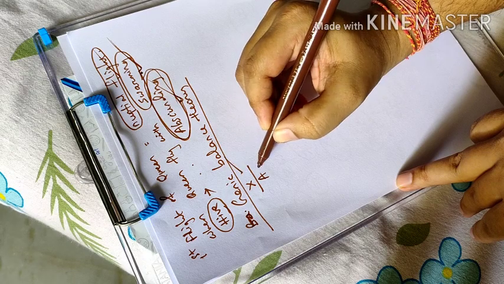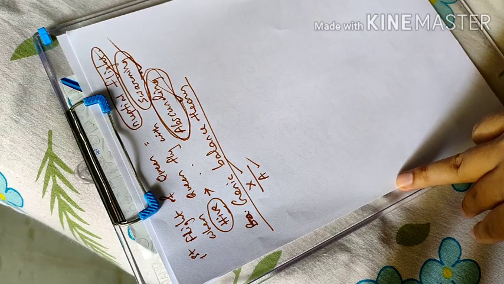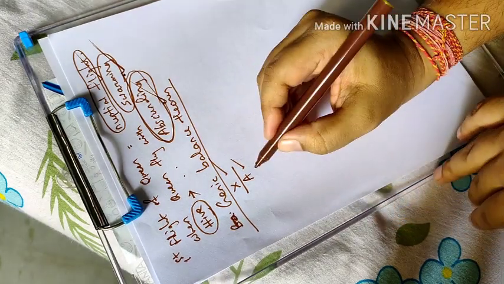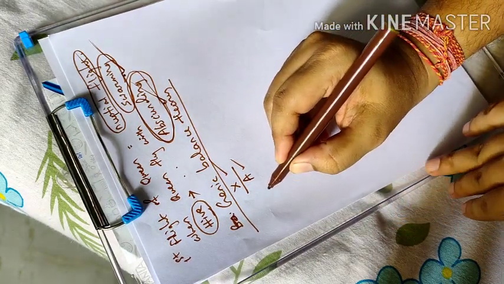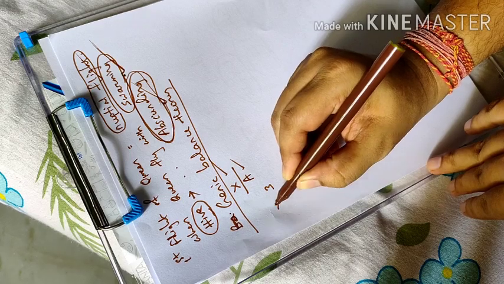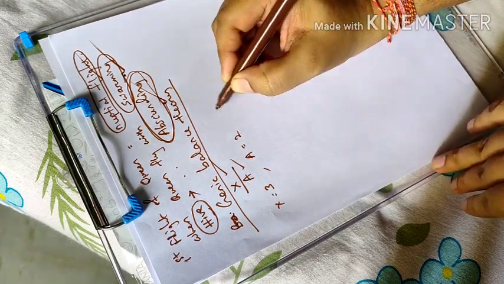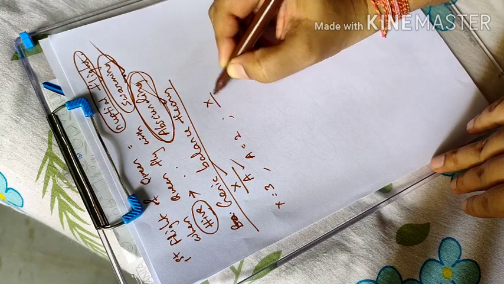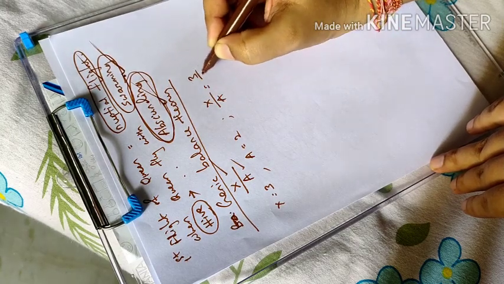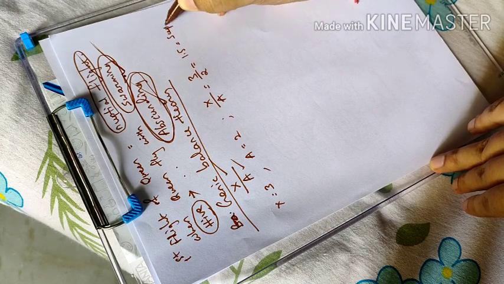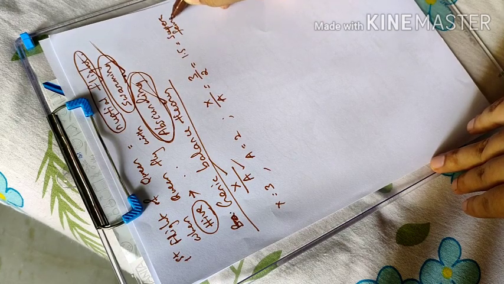This is the X chromosome, this is the autosomes. If the number of X chromosome is 3 and autosome is 2, then X by A equals 3 by 2, 1.5. Super female.